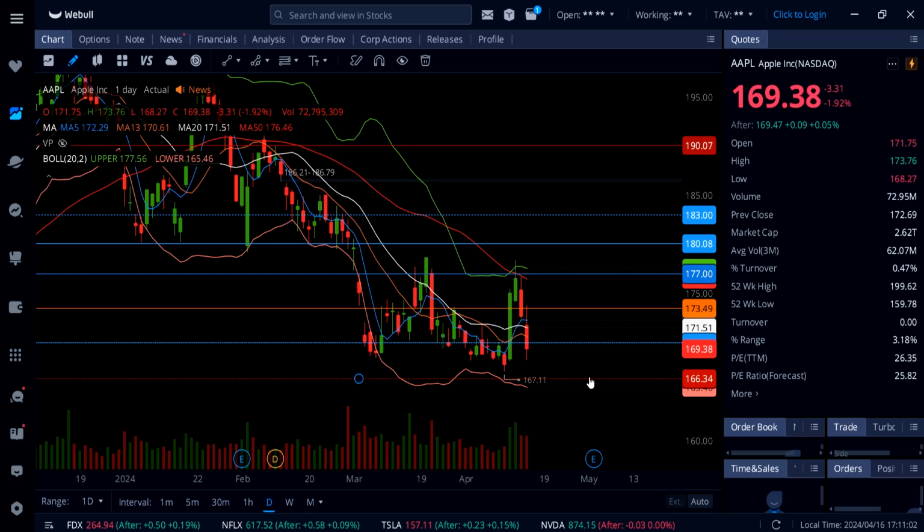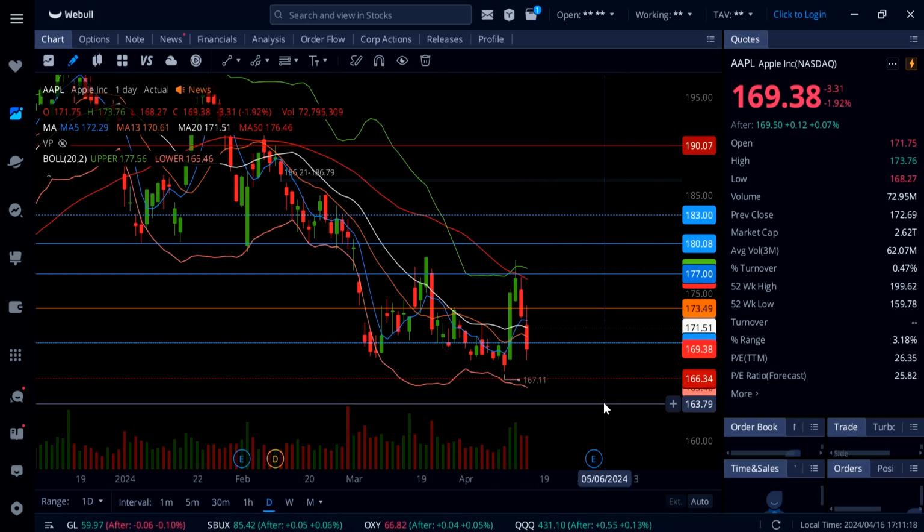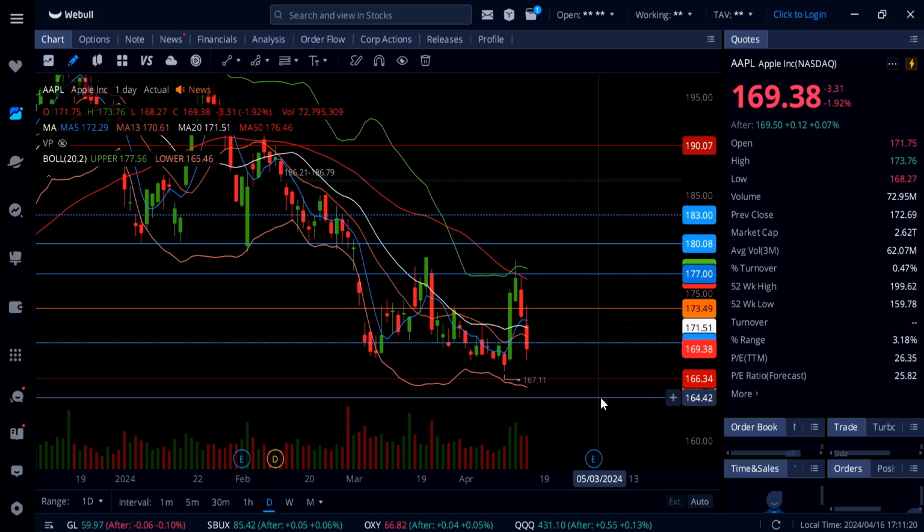If Apple can clear and hold 173 at some point, then definitely you're going to see Apple breaking out and possibly going even higher. Until then, guys, this is going to be a strong support to watch on a pullback right here, 166. So keep an eye on that, and that can possibly happen this week.